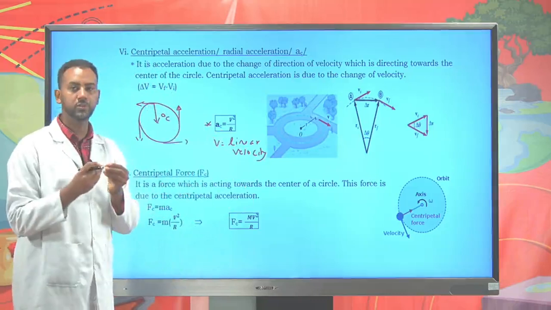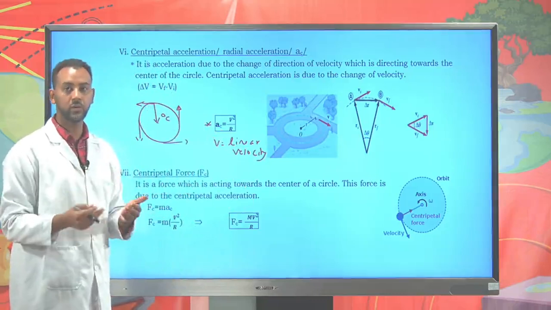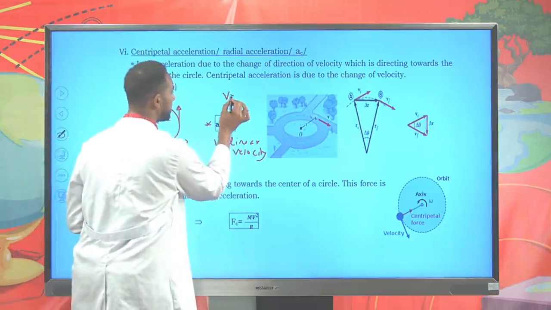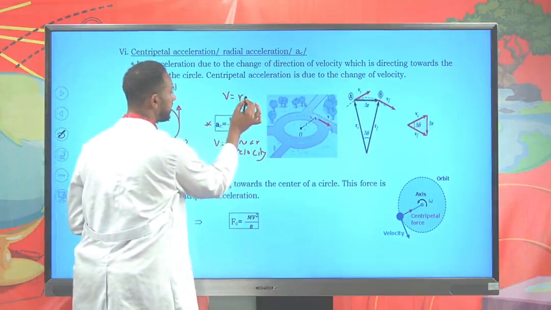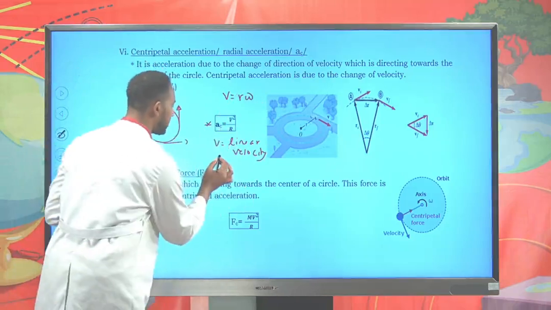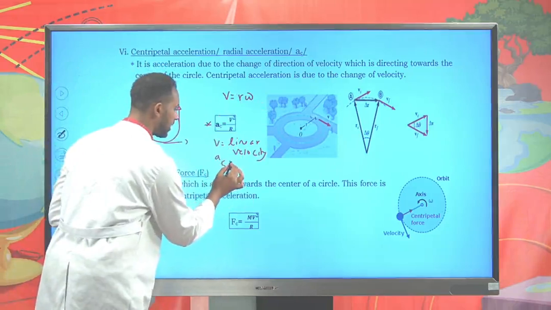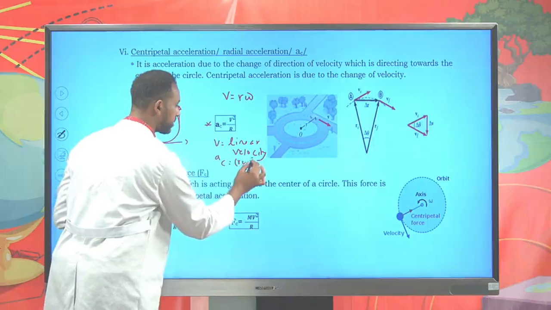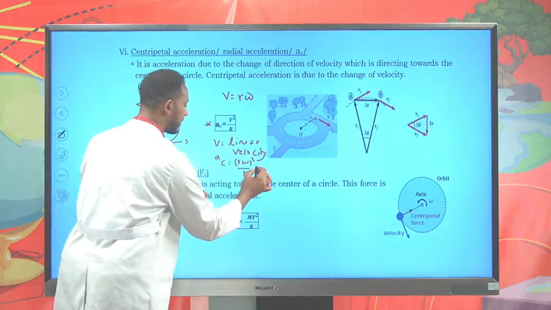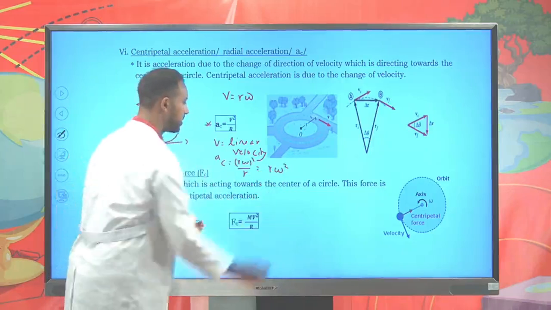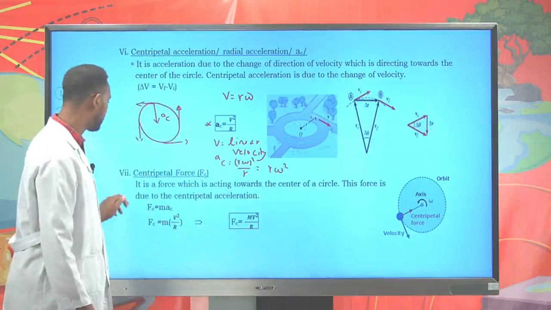It's also possible to relate it to angular velocity, because we have said that the linear velocity can be expressed as r times angular velocity. If you substitute here, the centripetal acceleration a_c is given as r times omega, the whole squared, over r. So we get an expression: r times the angular velocity squared.